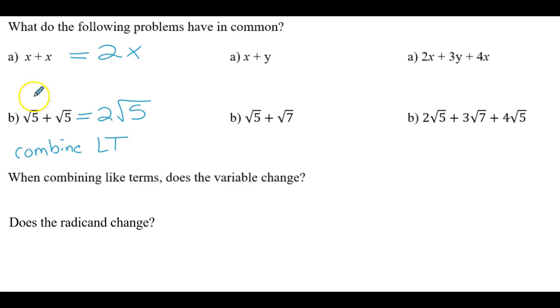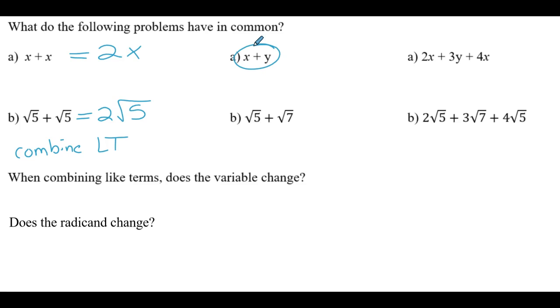Now look at the second section there, the second A. X plus Y. Can we combine those together? No. So what's our answer? X plus Y. There's X plus Y, that's it. If you can't combine them together, they just stay separate. Those are not like terms.